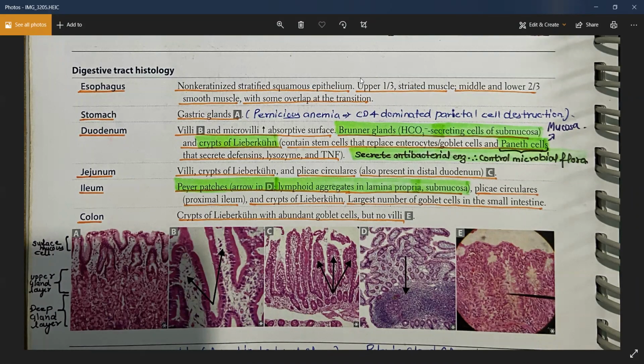Similar to dermatomyositis and polymyositis, you will also have an inflammation of the smooth muscles. Anyone? Where you have a lot of collagen deposition and destruction of the smooth muscles.